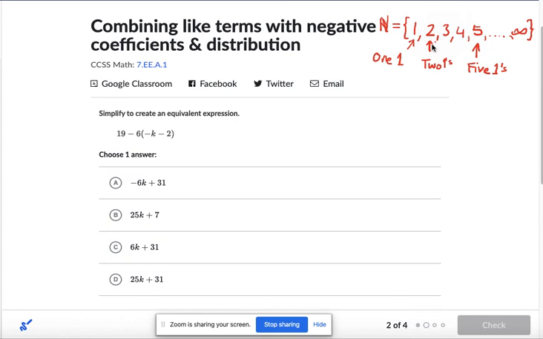The interesting thing about a variable is we use a letter to describe it, and we might have multiple different variables. One of the more common ones that you might see is just the letter x, usually in a nice italic font.